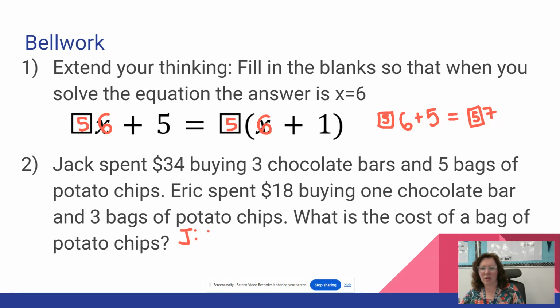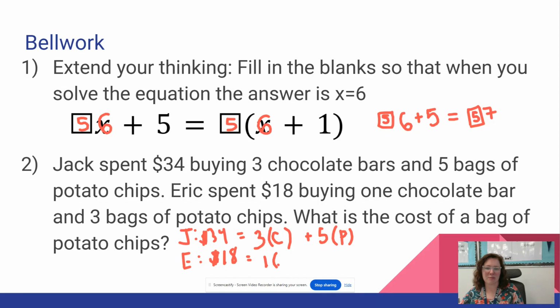His is a total of $34, and it has to be 3 times the cost of chocolate bars and 5 times the cost of potato chips, right? And then there's Eric. His is $18, and his has to be 1 times the cost of chocolate bars plus 3 times the cost of potato chips.